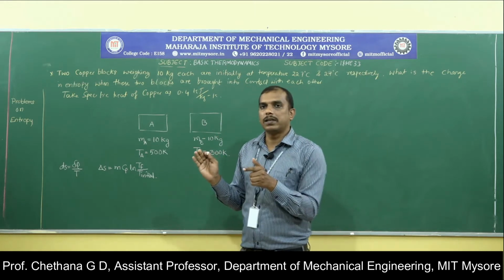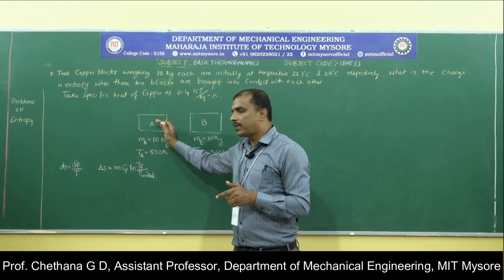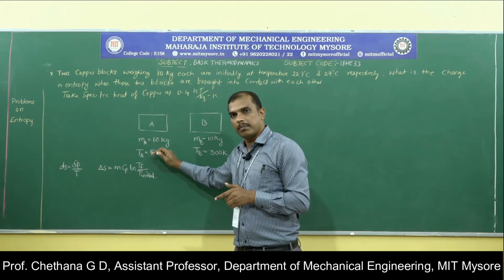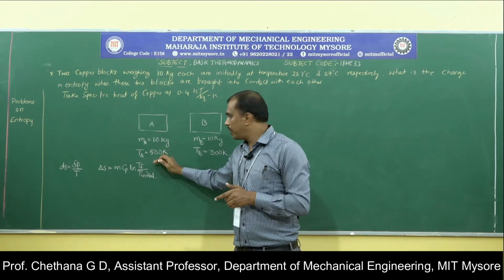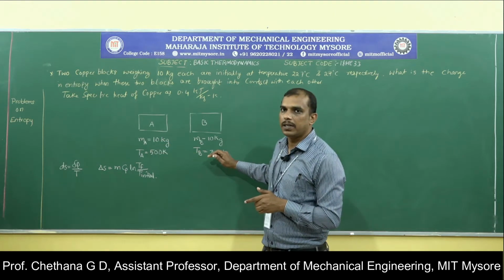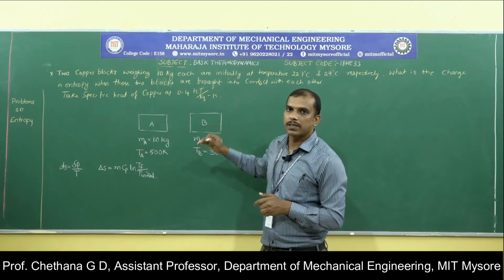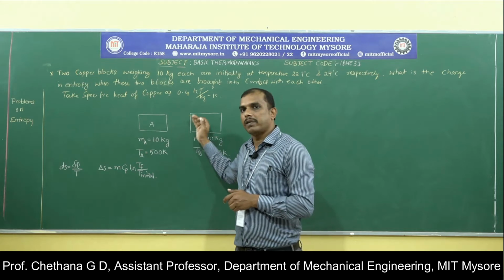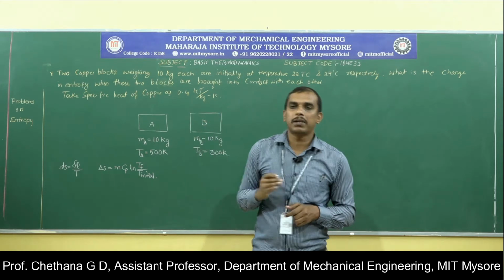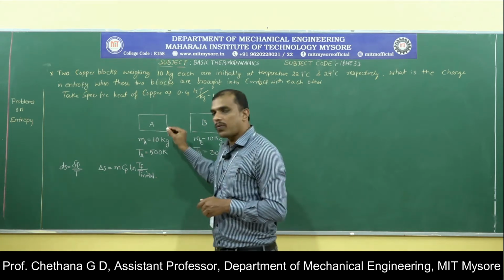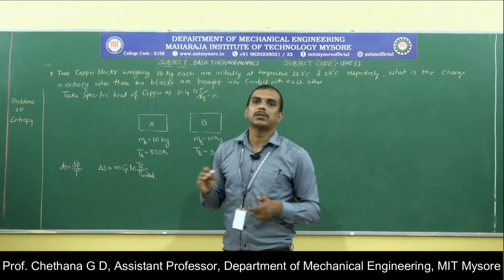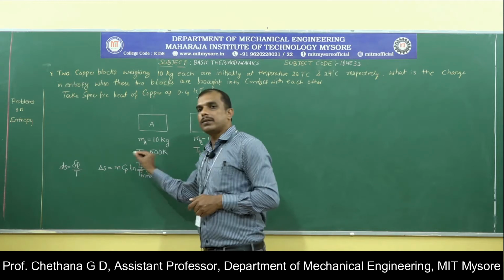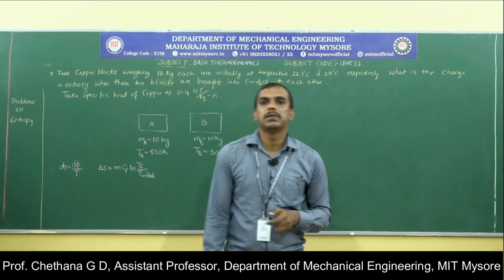At that temperature the heat transfer will stop. The temperature of A will be coming down, and on the other hand the temperature of body B will start rising because of the heat transfer. This heat transfer will stop at some intermediate temperature, and that is what we are interested in. You can assume that TF is nothing but that final temperature we are looking for.